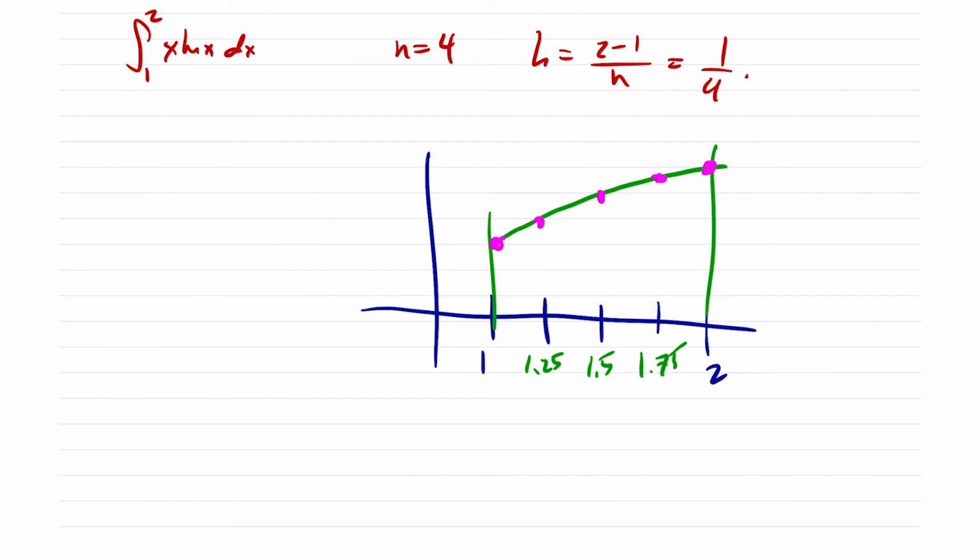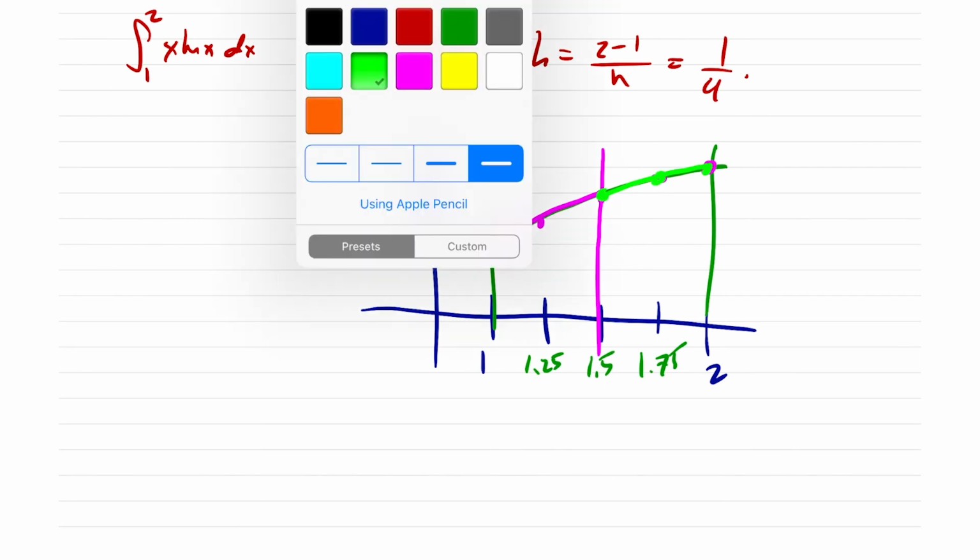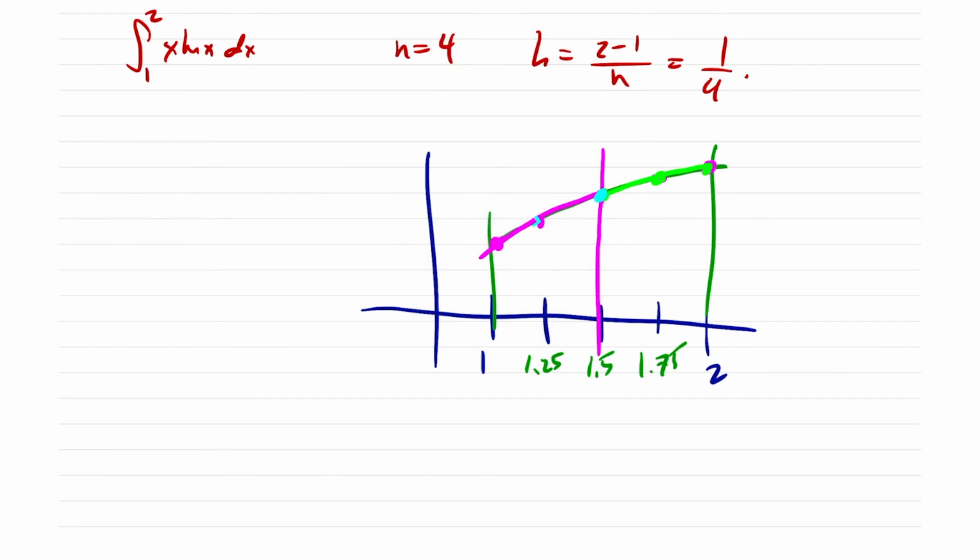But what happens with Simpson's rule is we divide the interval differently. We chop it like this, and then we have these 3 points, and then say these 3 points. These are each going to be used independently, so I'll set them in green and blue.